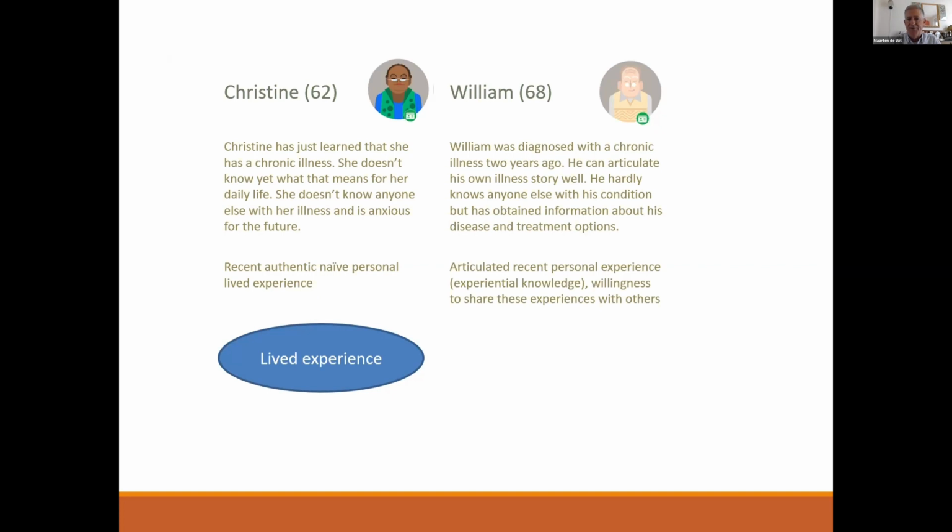We would then say that he has articulated recent personal experience, also called experiential knowledge, and he has a willingness to share these experiences with others. So in fact, he is able to tell a personal story about his journey so far.